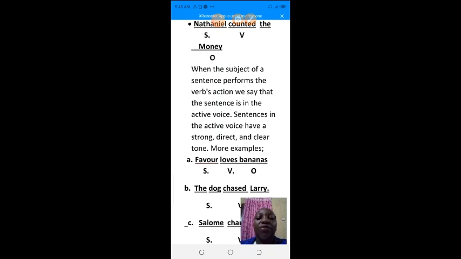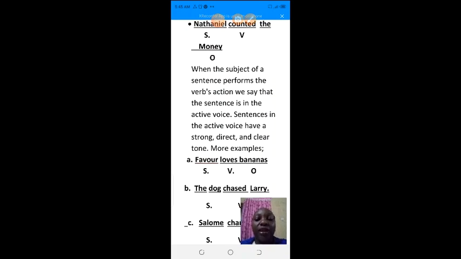Sentences in the active voice have a strong, direct, and clear tone, meaning that it gives you a strong, direct meaning. There is no roundabout meaning to it. Like Nathaniel counted the money. Direct and clear tone there.